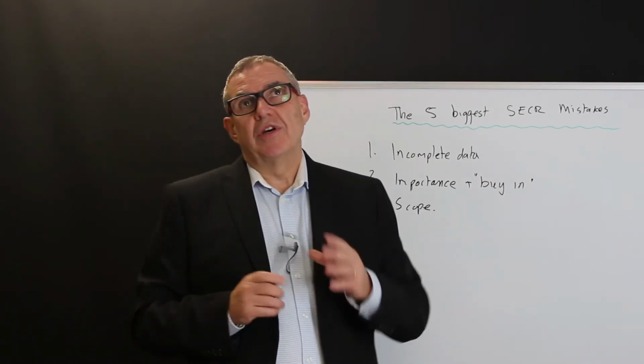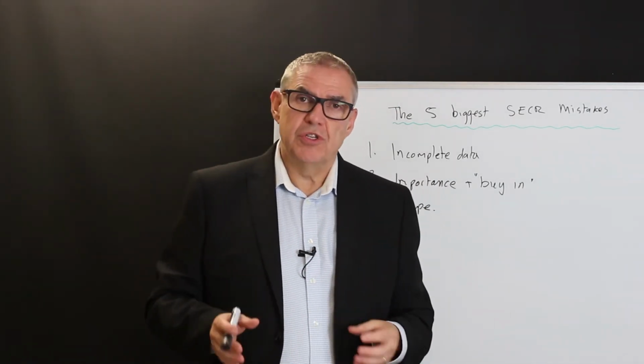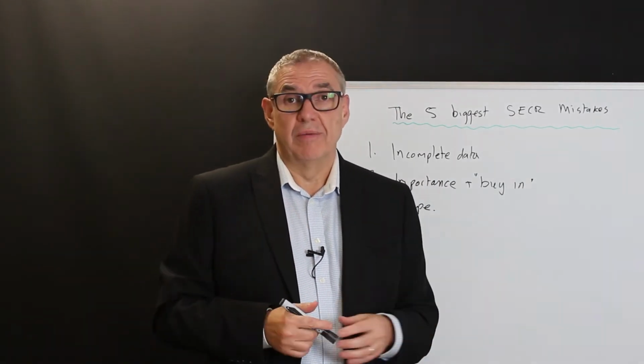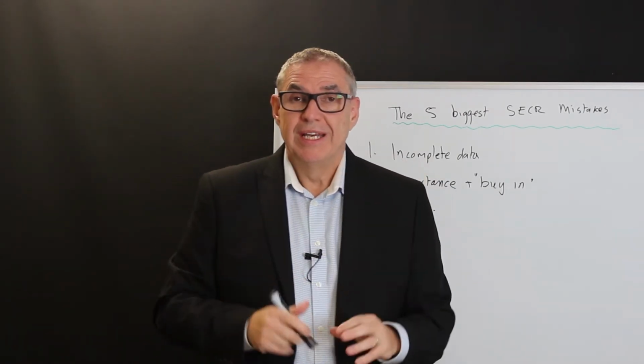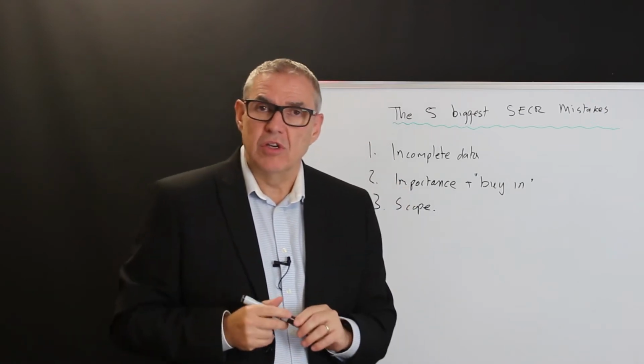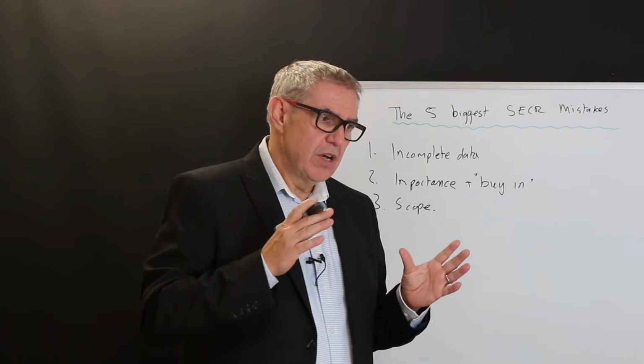Okay, what about subsidiaries? Well, to start with, the scoping rules for ESOS are different to the scoping rules for SECR. ESOS has got this policy that if any part of a group, any one individual part is in ESOS, then everybody has to report on ESOS. With SECR, that's not the case.